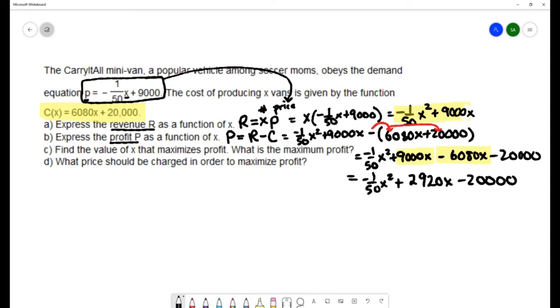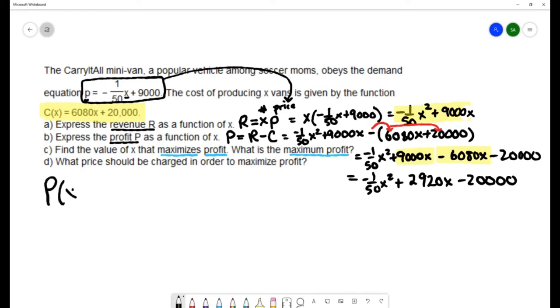So now that we've built both the revenue function and the profit function, we're going to do some calculations with this profit function. We want to find the value of x that maximizes the profit and find what is that maximum profit. Let me write down that profit function for us a little bit larger.